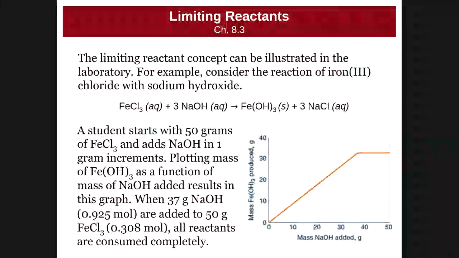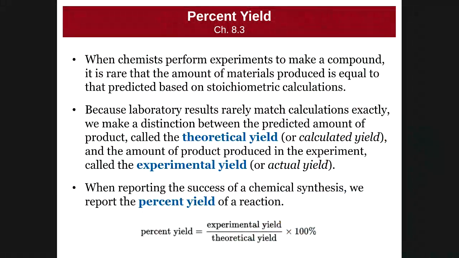So now moving on to more experimental, more laboratory-based topics. When chemists perform experiments to make a compound, when we synthesize a compound, it's very rare that the amount of material produced is equal to what you predict based on stoichiometry. So lots of things go wrong.